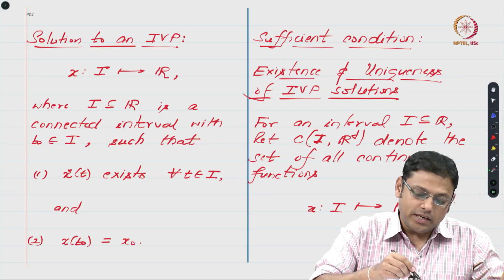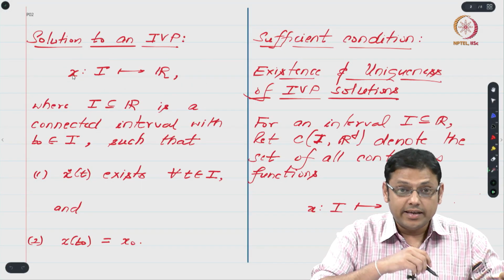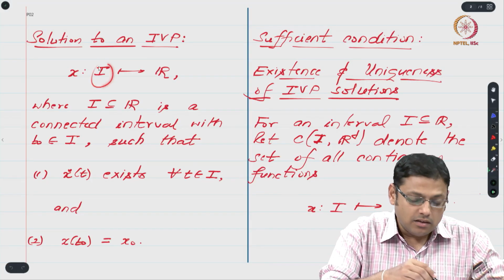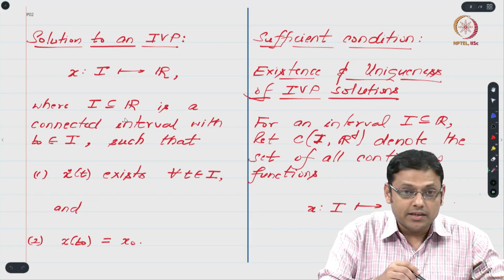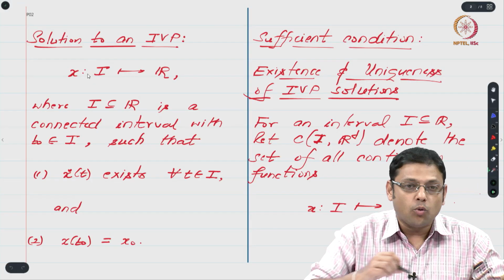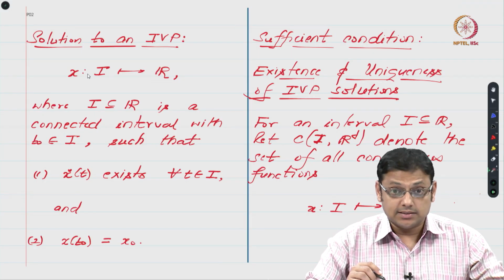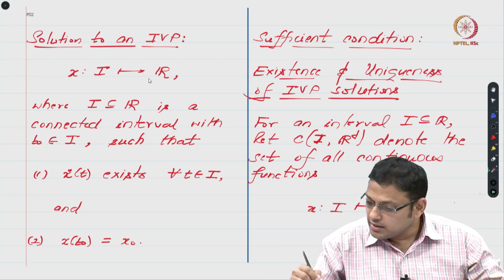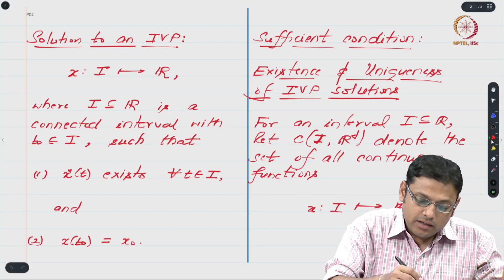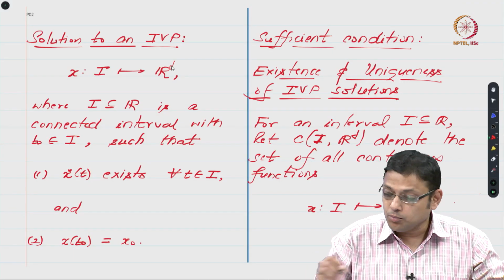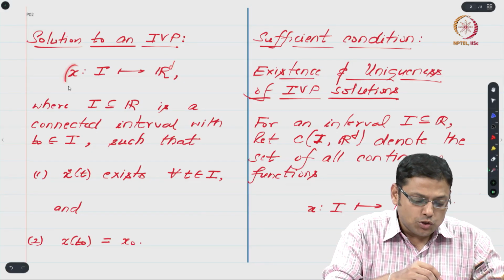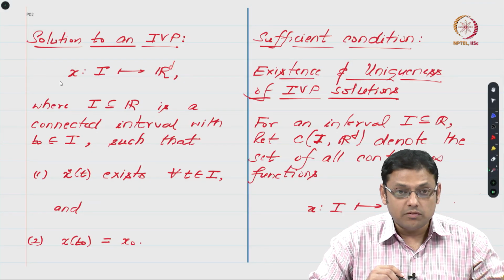Well, a solution to an initial value problem, as I said, is a trajectory, means it is a function whose domain is a subset of the real line, and in some sense this domain represents the time instances, you can think of that, and the output of this trajectory is actually an element in R^d. Sorry, there is a typo here, so this should be R^d, okay. So what is a solution to an IVP or an initial value problem?